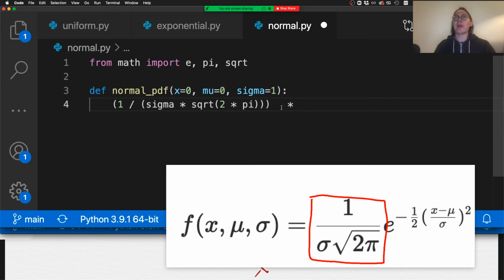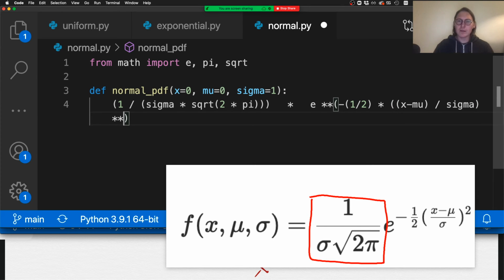And then this next part is just multiplied by e, e raised to a bunch of stuff. So we've got negative 1/2 multiplied by, put this in parens as well, (x minus mu divided by sigma), and then that is squared.